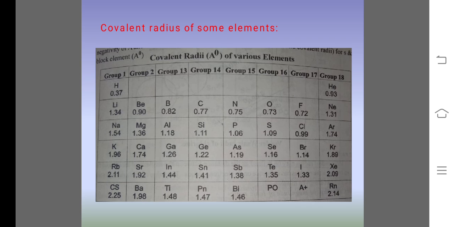It means that the size decreases as the electrons increase one by one, but in the same shell. So the nuclear charge increases and the attraction between the nucleus and the outermost electron is more, so the size becomes less. If the size is less, then the covalent radii or ionic radii are also less.